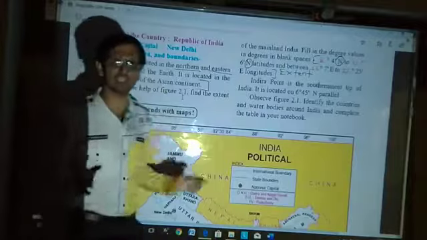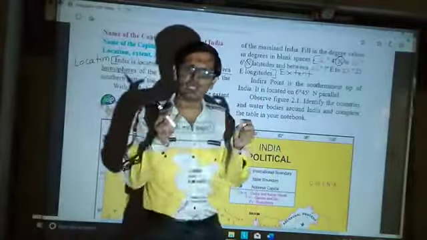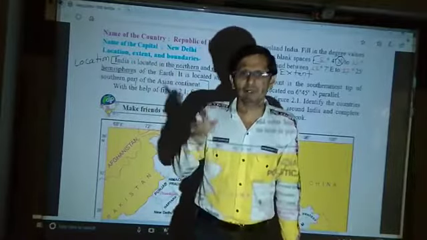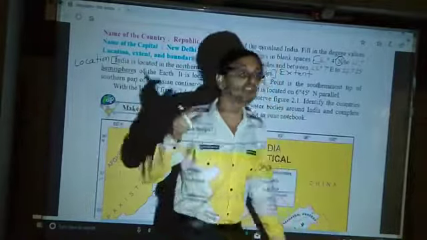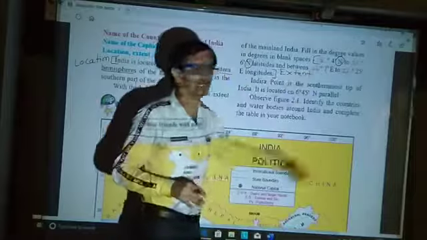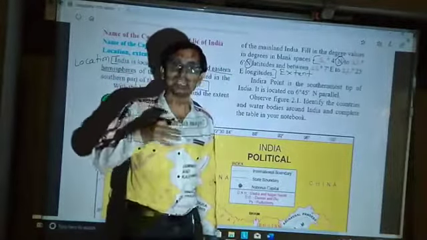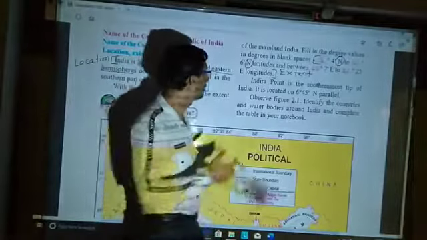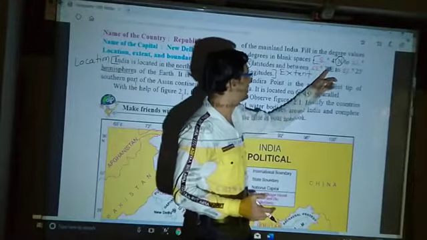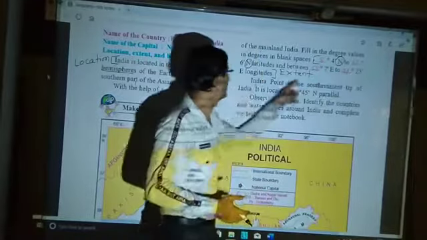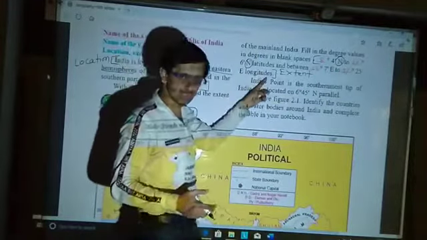So in location, we generally speak about the geographical location of a particular country, but that is the theoretical part. Here we are giving the practical, mathematical part, the exact measurement. So 68 degree 7 minutes east to 97 degree 25 minutes east longitude.